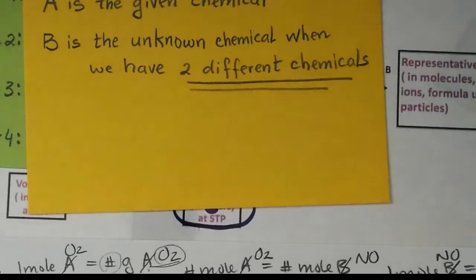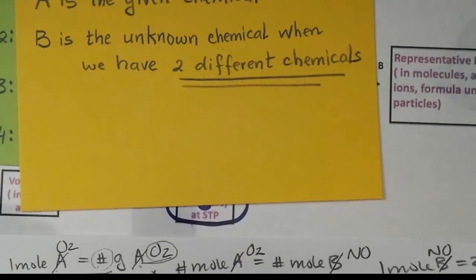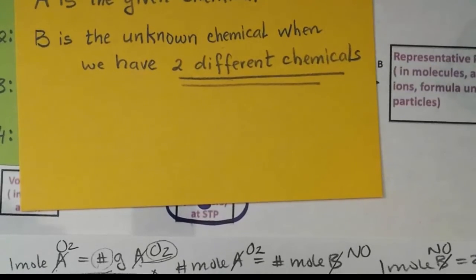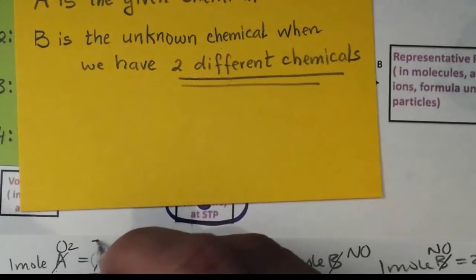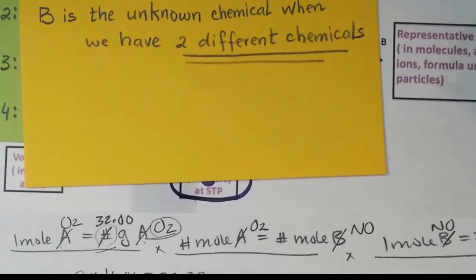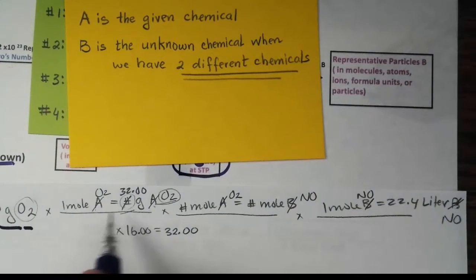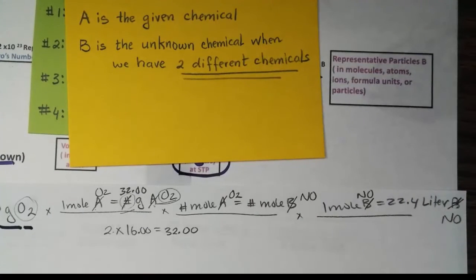But based on our formula, we have 2. So that's why we take 2 times 16.00. That gives us 32.00. So therefore, this number is 32.00. Now we are done with this conversion factor because we have all the numbers and we have the chemical.